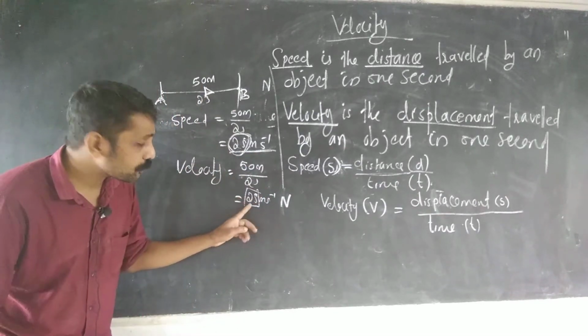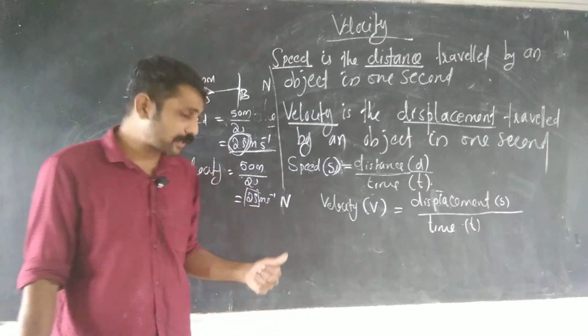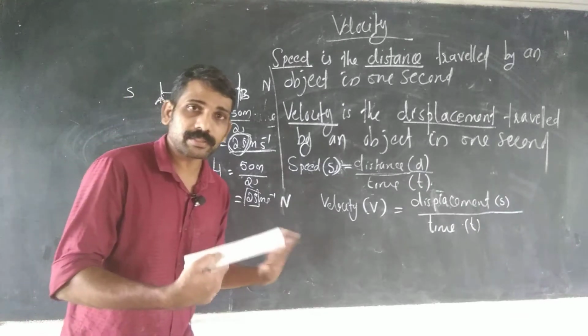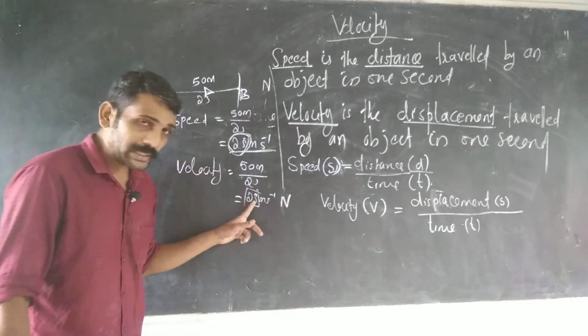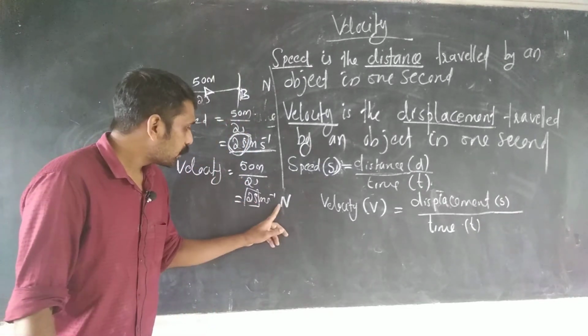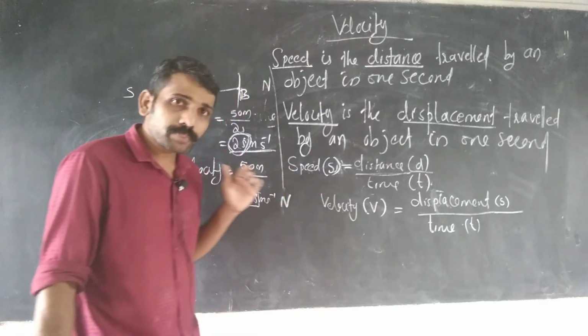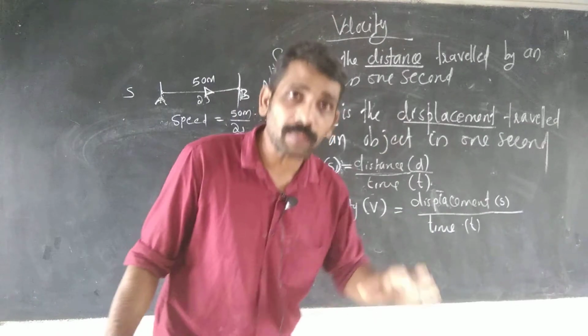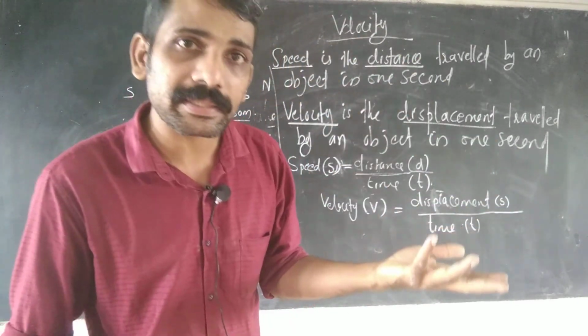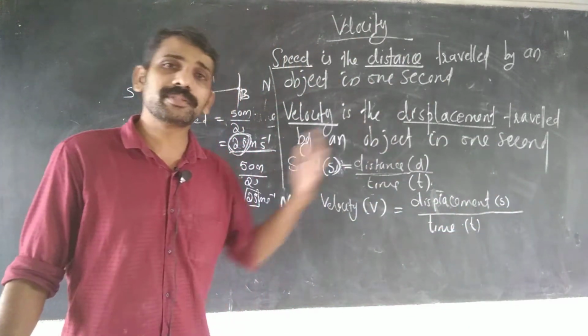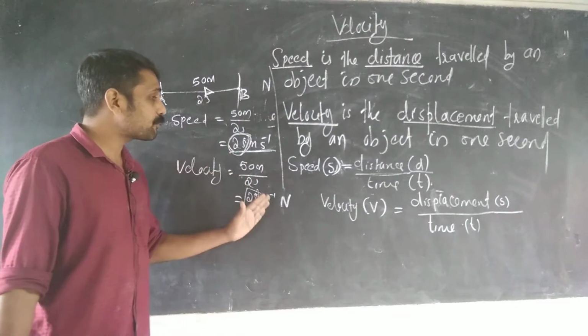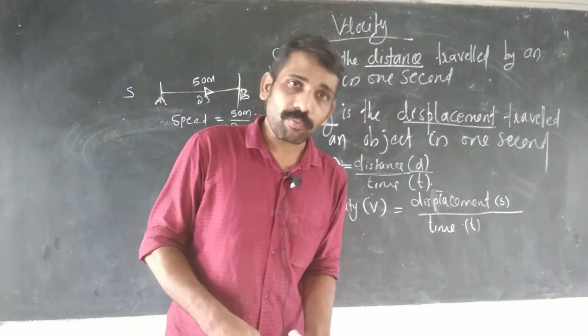What is the magnitude here? 25. Magnitude is also a numerical value. And direction is what? North, because the object is moving from south to north. So this is the difference between speed and velocity.